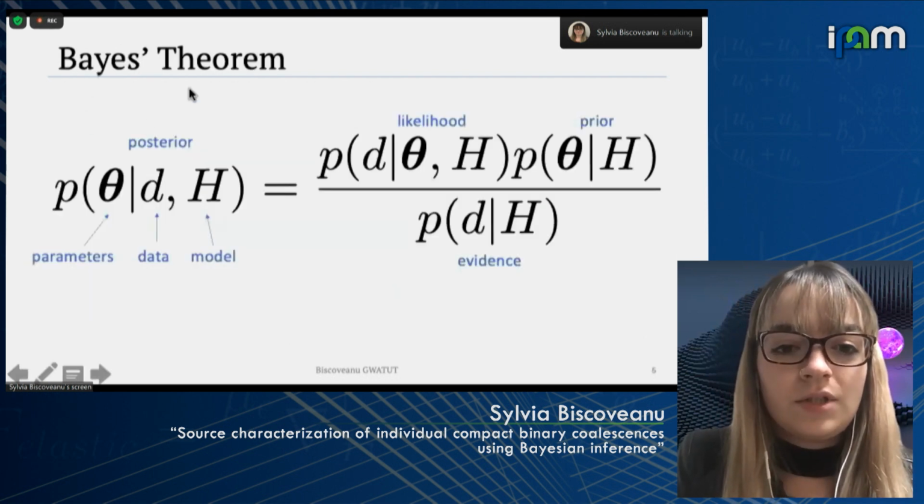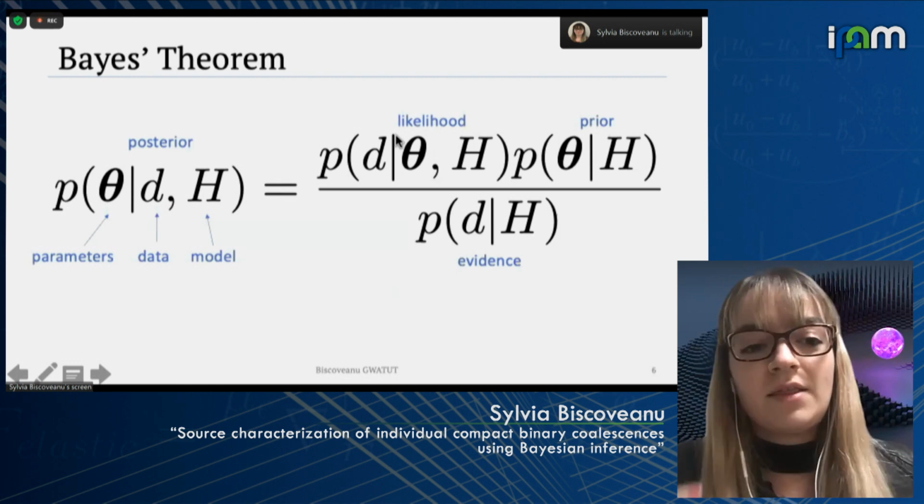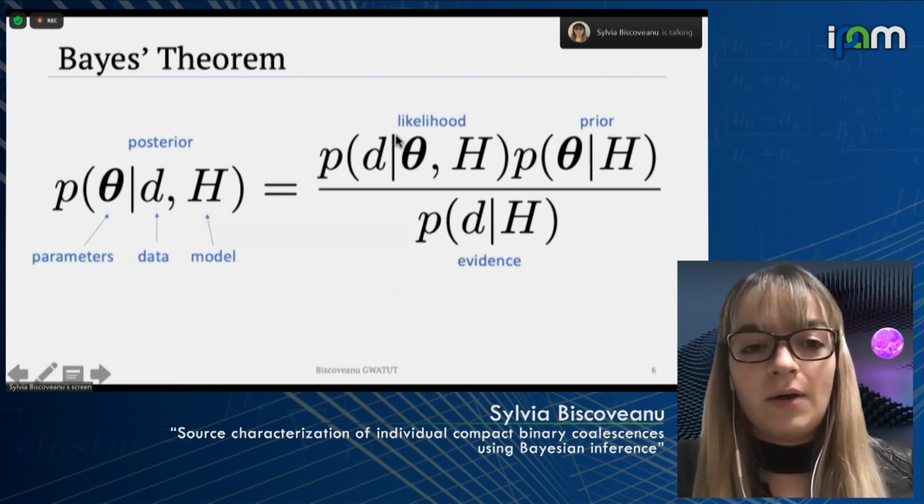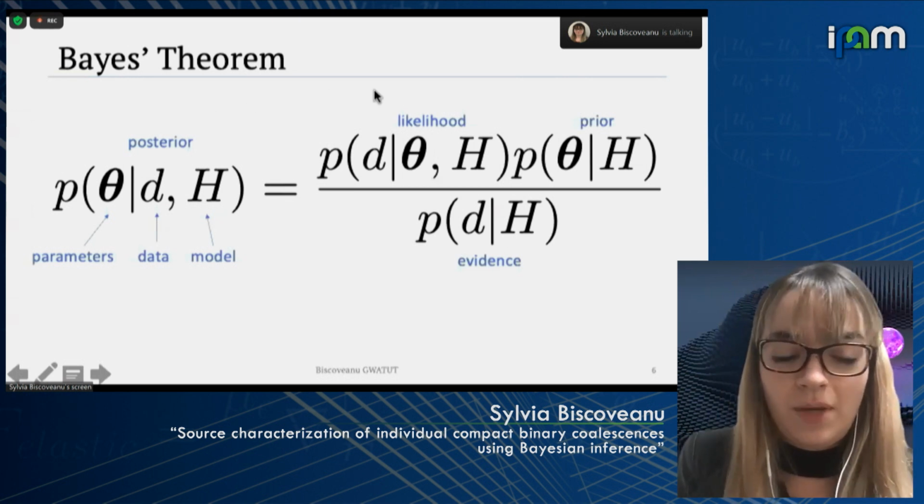Okay, so to start off, the main theorem that we will use throughout the rest of the lecture is called Bayes' theorem.